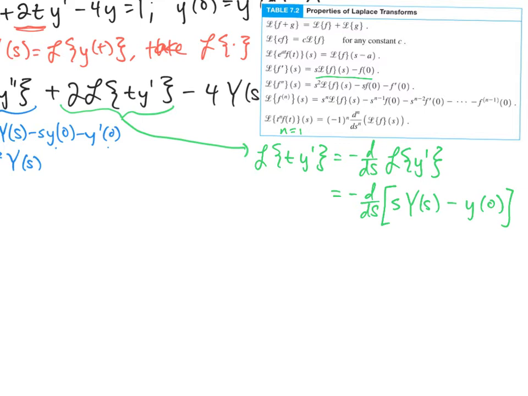Now we can actually take the derivative, and this term is 0, and it would be 0 anyway once we took the derivative. We can do product rule on this term here, so we get negative s times Y prime of s minus, because that negative is going to carry through, Y of s.